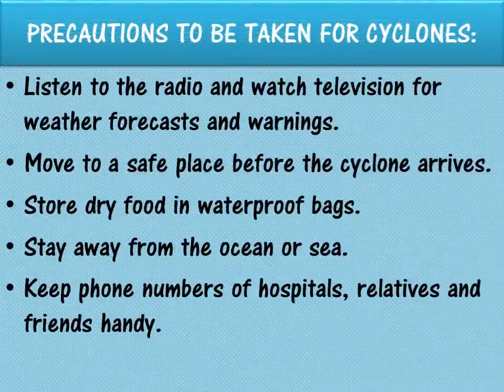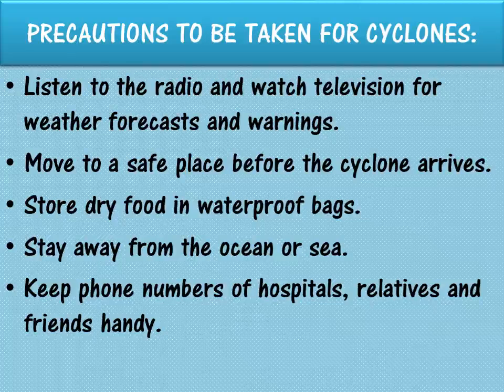After learning about cyclones, how they are formed, and the different names given to cyclones according to area, let us now learn some of the precautions to be taken for cyclones. As we all know, cyclones are natural disasters, and they occur due to some natural phenomena over the surface of oceans and seas.